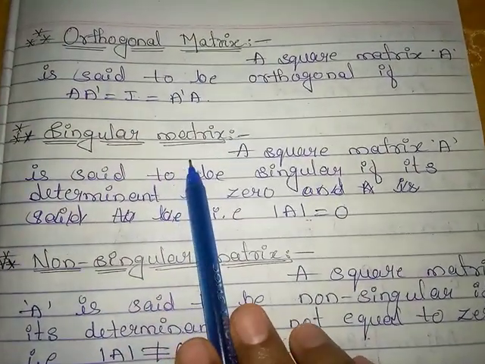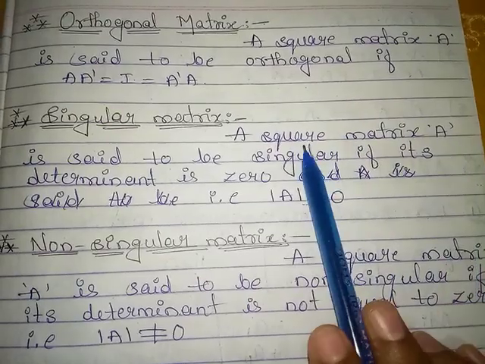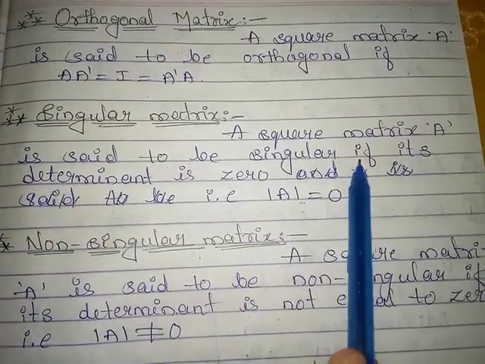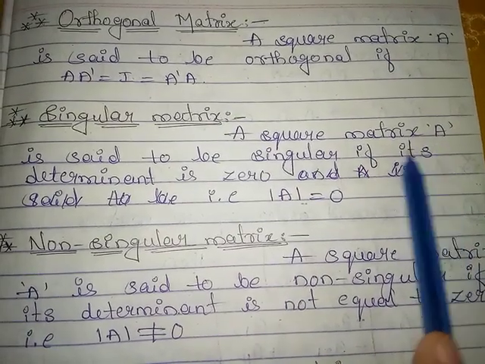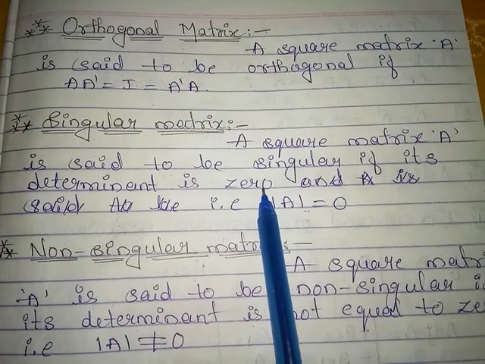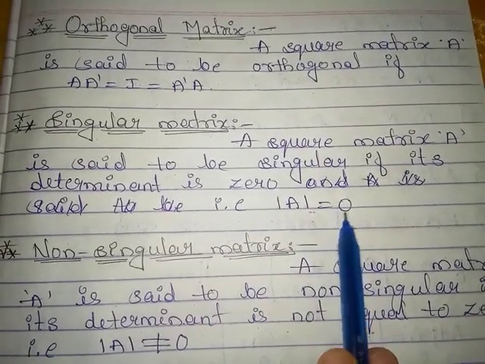Next is singular matrix. Consider a square matrix A. This matrix is said to be singular if its determinant is 0. That is, determinant of A is equal to 0.